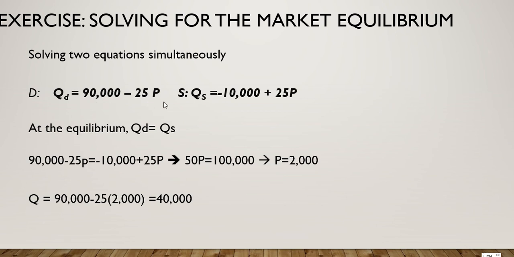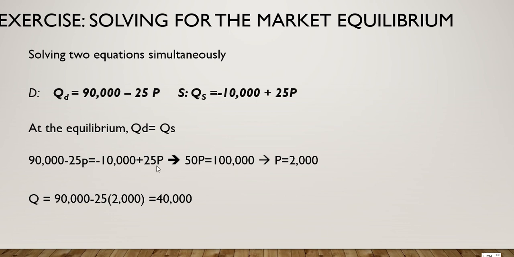So by setting these two equations together, we have the demand equation equal to the supply equation. That's what the definition of equilibrium means, right? Quantity demanded is equal to quantity supplied. Then the next thing I would do is to collect the terms.